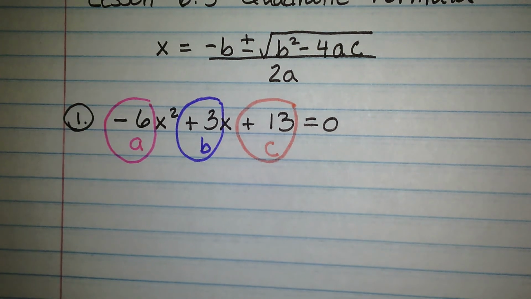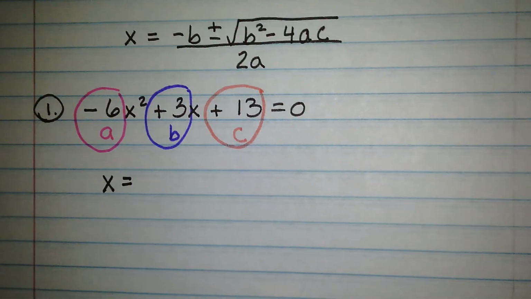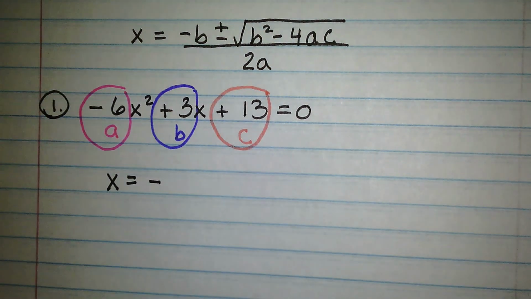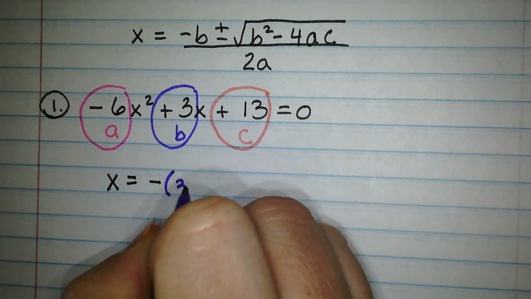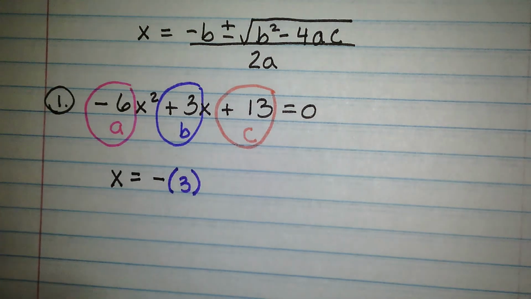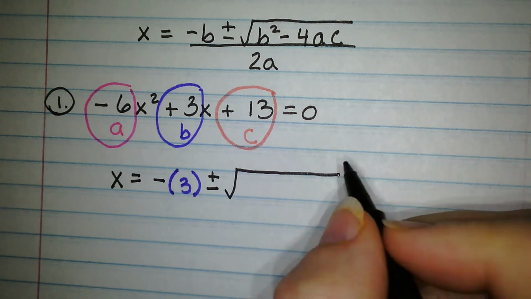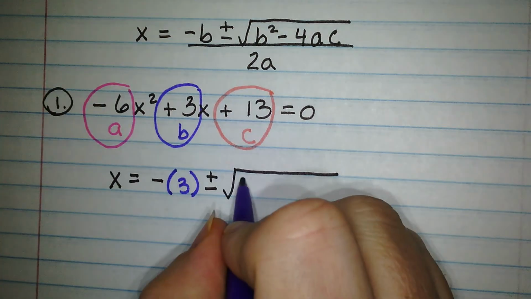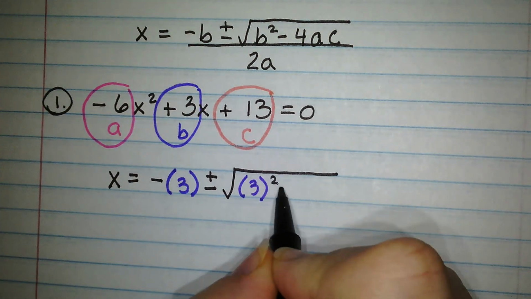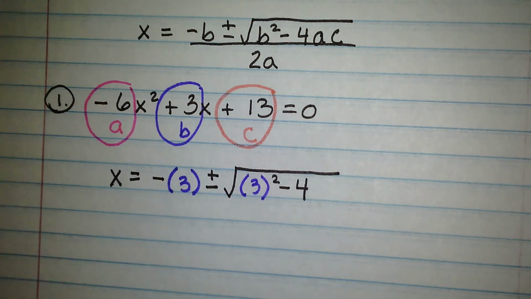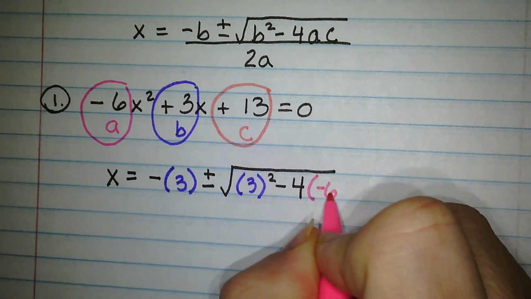The next step is actually plugging the numbers in. So what you want to do is recopy all of the standard stuff, like the x equals and the negative, and I'm going to put b into this spot, and the b is a +3, so 3 goes here. Then plus or minus goes right on top of each other like that, square root, and then I'm going to substitute b in again. The squared is standard, -4, and now it's time for me to identify the a, and the a is -6, so the a is going to go here.